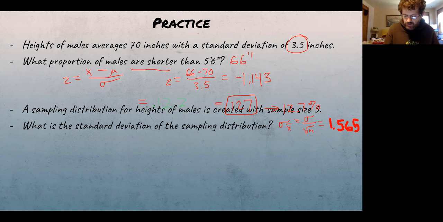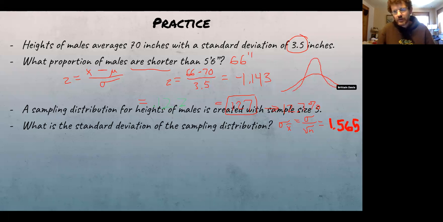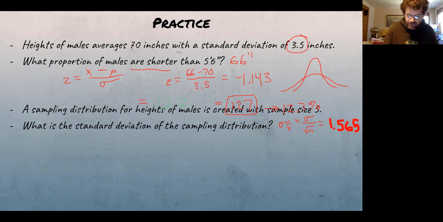Your population distribution might look like this, but your sampling distribution is going to look more like this. And again, just to reiterate, when I take an average of 5 males and get their height, the average of 5 males is going to be closer to the population average than any one person's height. Okay.